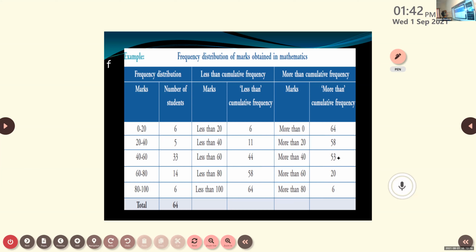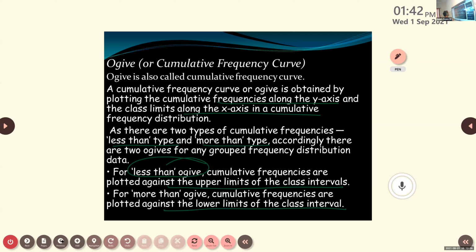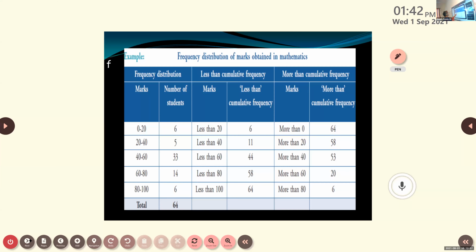What are the steps involved? Here, one important point is given: which class limit we have to take when constructing. So that is the first thing. Here we have taken the class limits.